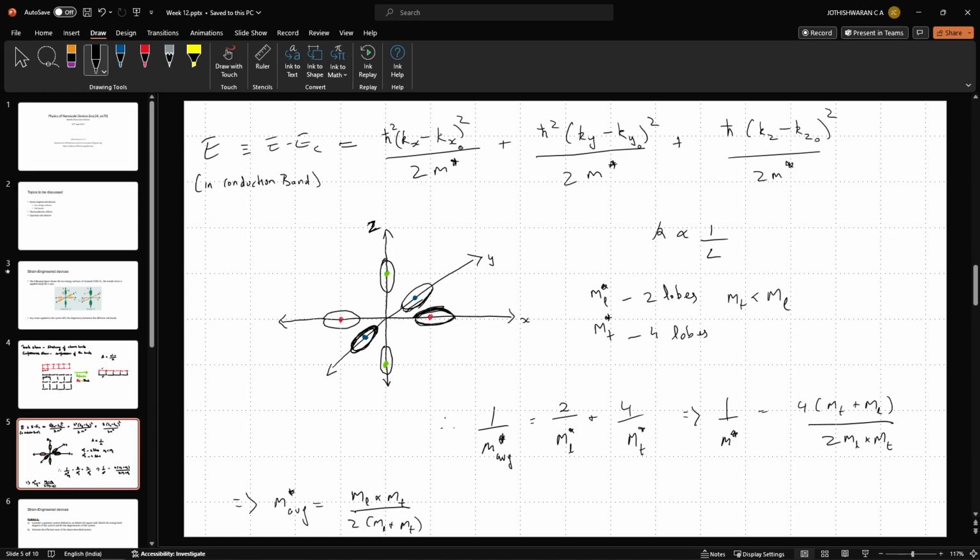So we know that this is 1/4 of the harmonic mean. If I just had ml and mt, then the harmonic mean, let me quickly make a small box here.